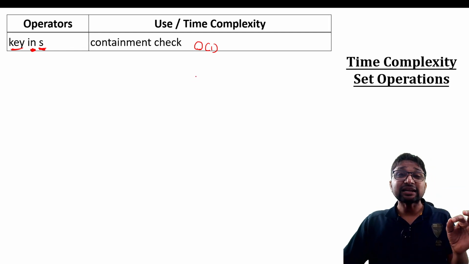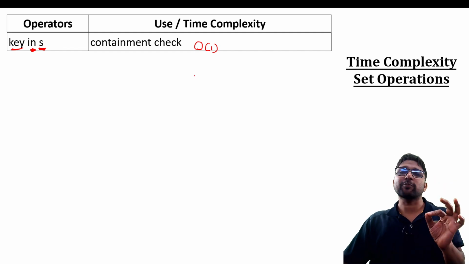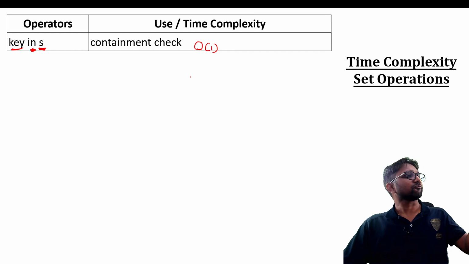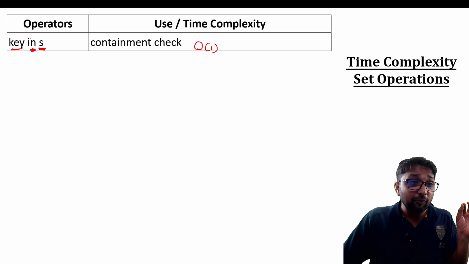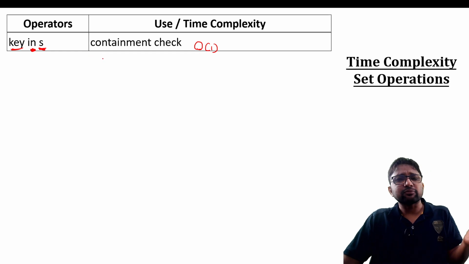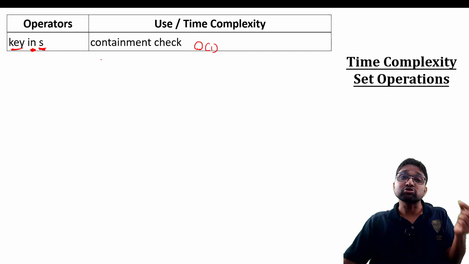Because sets are implemented at the back end using a hash table, and a hash table takes constant time for searching, insertion and deletion in the average case. So here we are performing the search operation, and a set takes constant time to search an element.